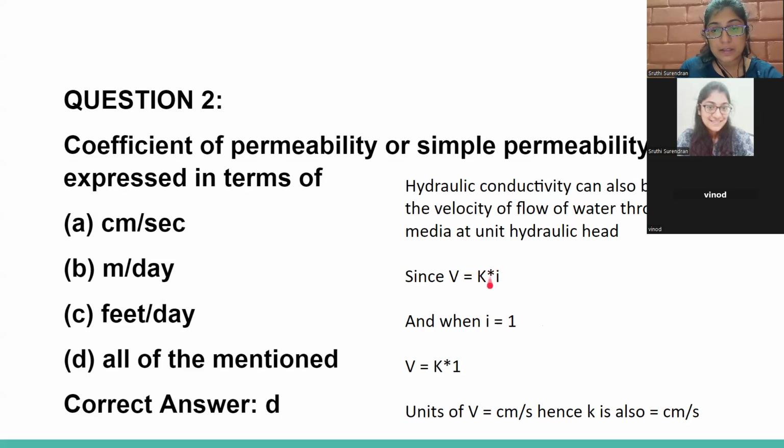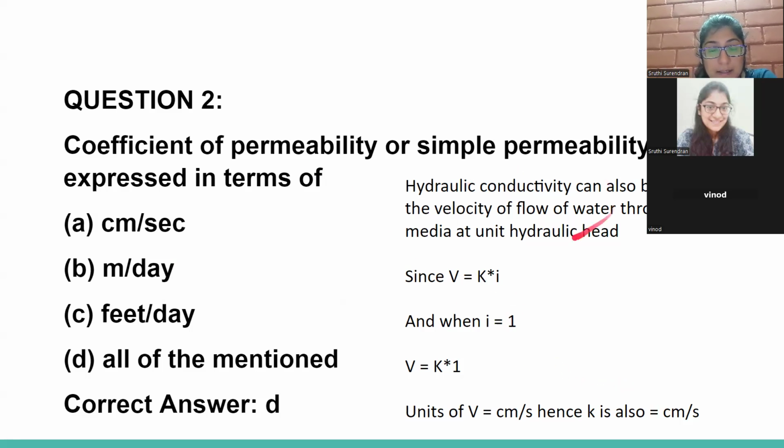Now, if this hydraulic gradient is equal to 1, then V will be equal to K. So this is how K obtains the units of velocity, which can be centimeter per second, or meter per day, or feet per day, or any of these. It will be expressed in terms of the units of velocity.